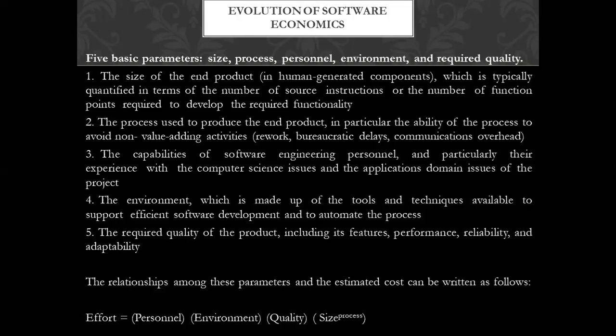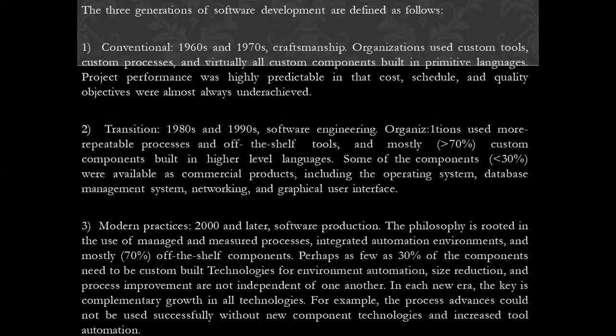Another thing that we have to remember for the theory part of software evolution is three generations of software development. First one is conventional. Conventional generation is the generation of the 1960s, 70s, the craftsmanship time, where organizations used to use some custom tools, processes, virtually all custom components built in primitive languages.